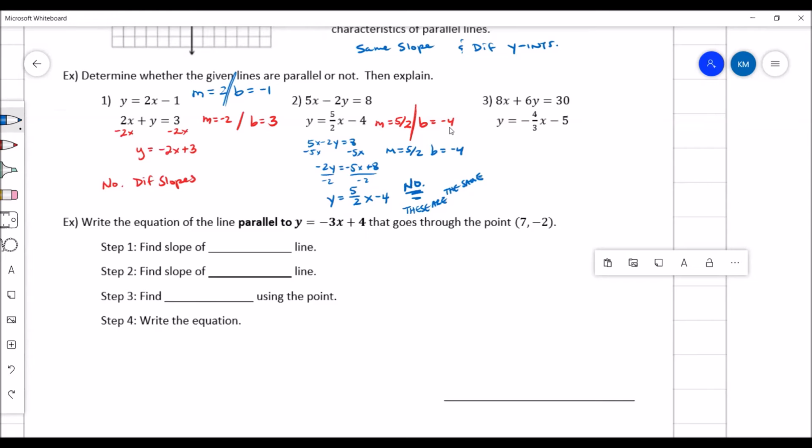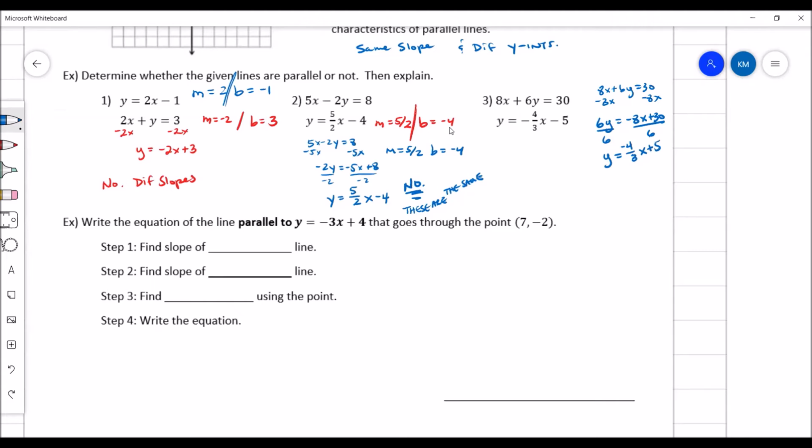Okay, so let's find that. We have 8x plus 6y equals 30. I'm going to put y by itself to get it into slope-intercept form. 6y equals -8x plus 30. Divide by 6. That's y equals, looks like it's going to be -4/3 x plus 5.